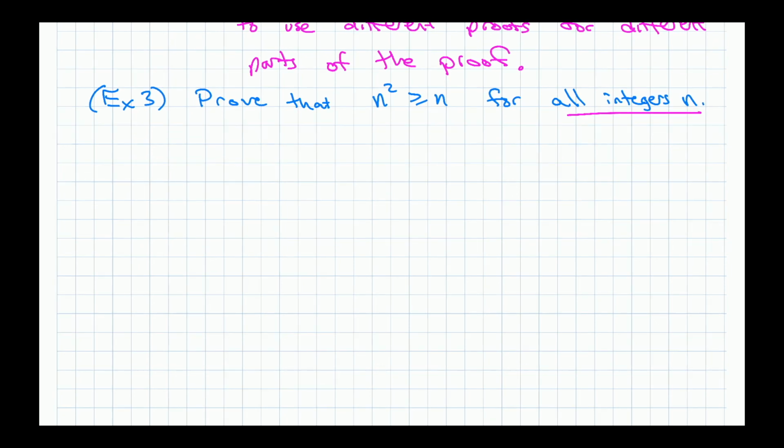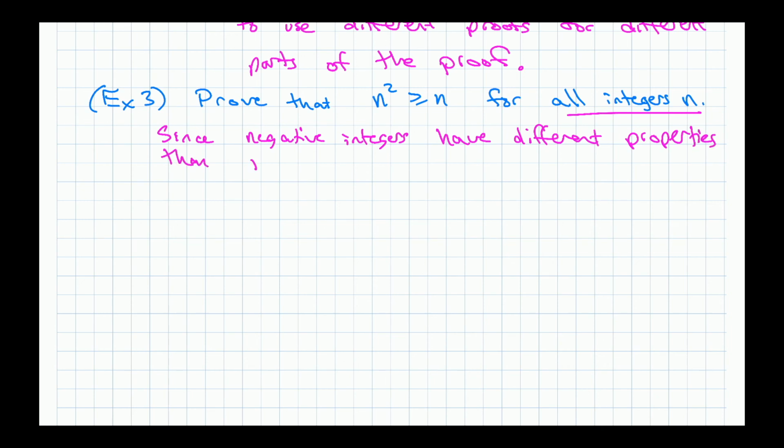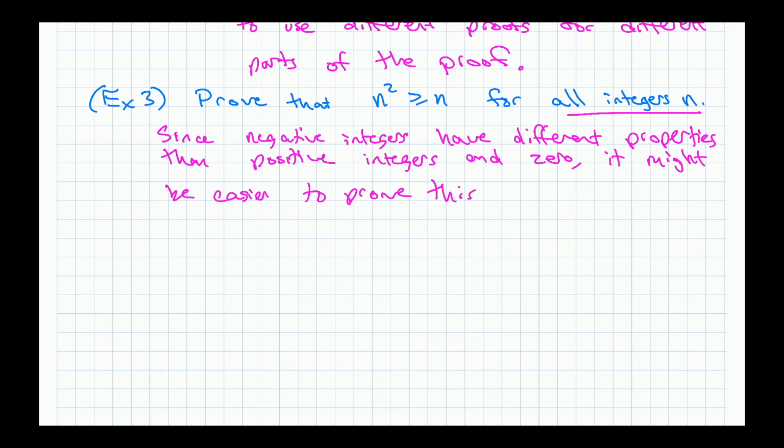So let's see, since negative integers have slightly different properties than positive integers and also 0, it might be easier to prove this separately.